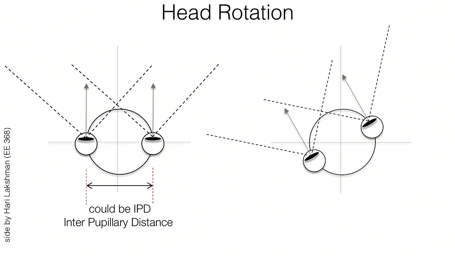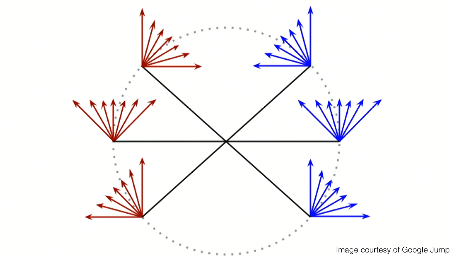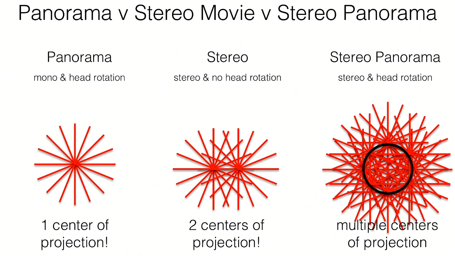So actually, the ideal representation that we'd like to have is one where we essentially take a pair of stereo cameras, put them on some arm, and rotate them around and capture a full 2D image at every single point, representing an image at every different center of projection. And this is essentially what we would like to have in a stereo panorama, a camera where we're able to capture the viewpoint from multiple centers of projection corresponding to every single head rotation, essentially capturing a full stereo view at every single head rotation.